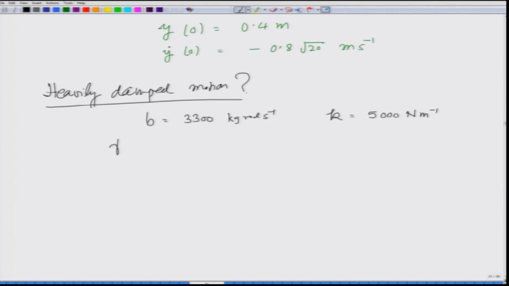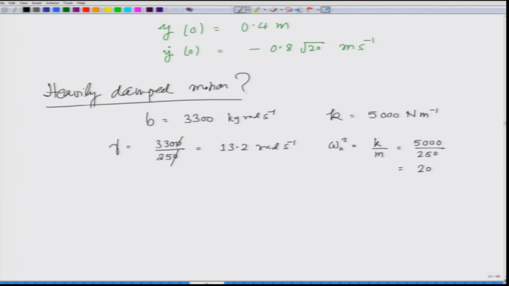So, gamma this time is going to be 3300 over m, which is now 250 kgs, and this comes out to be 13.2 radians per second, and omega 0 square comes out to be k over m, which is 5000 over 250, which is 20.